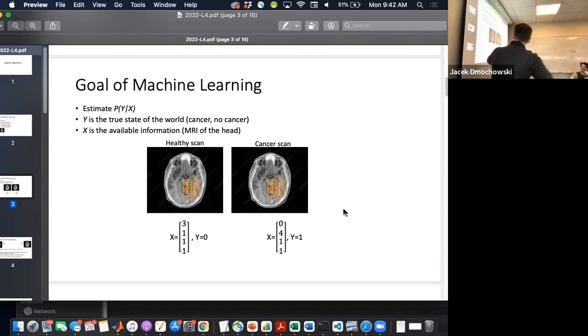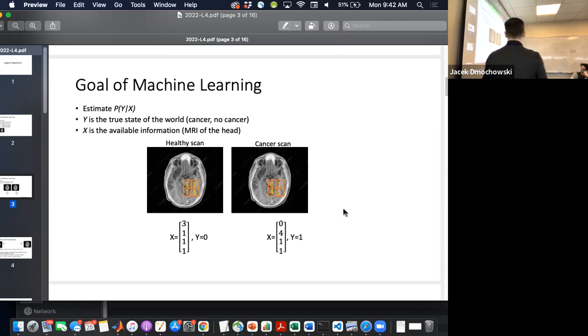And to learn a model, you need to have something to learn from. I'm going to explain on the board in a second. It's going to be called a training set. So a training set is a collection of X and Y together.